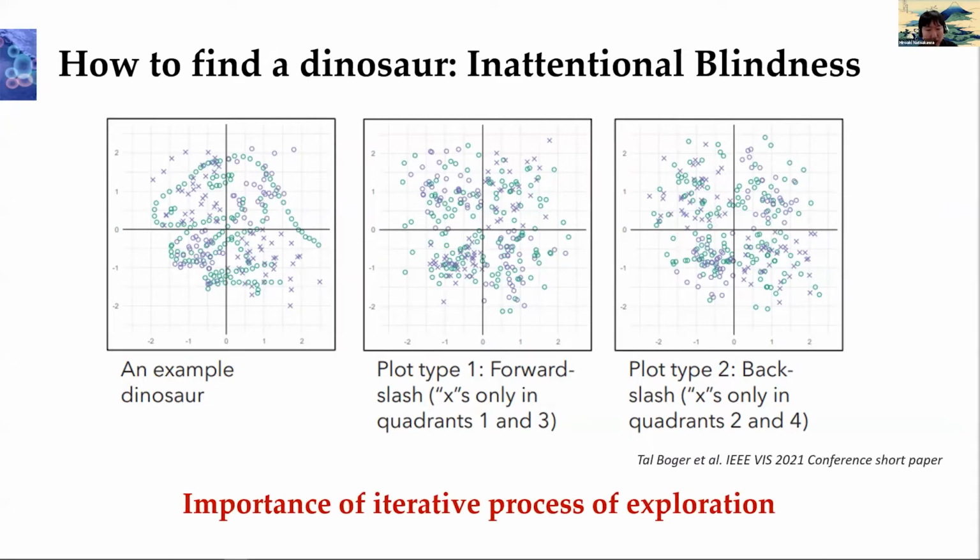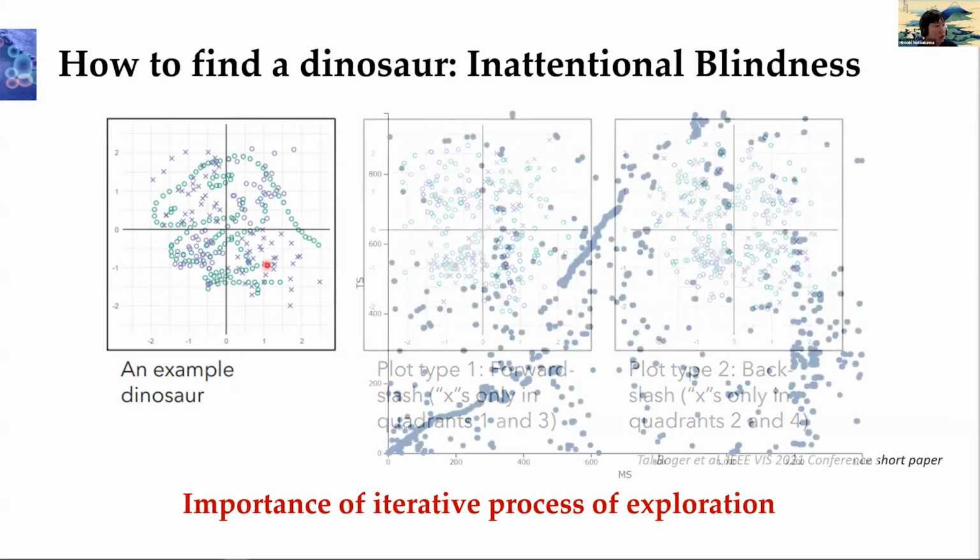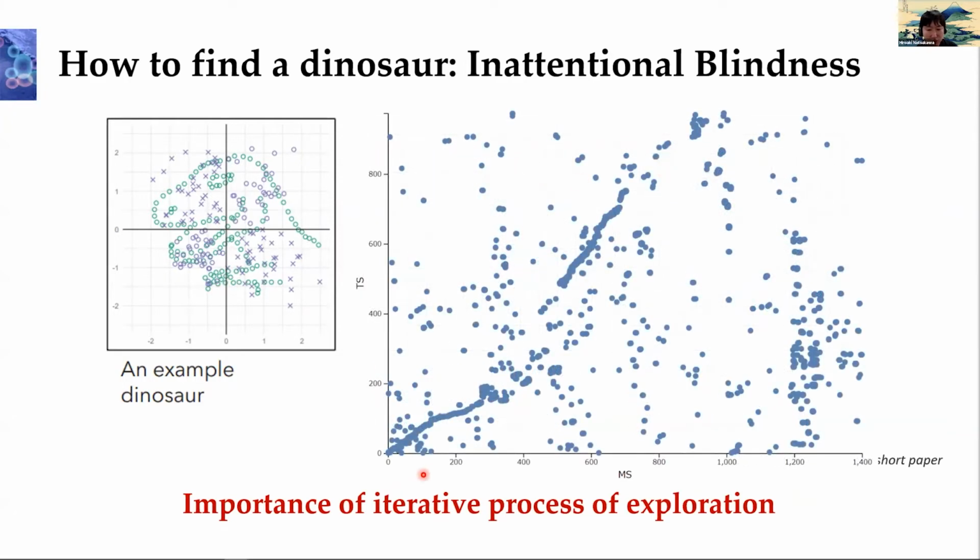Additionally, in a real-world setting, we don't know in advance what the dinosaur is. I mean, the dinosaur for the researcher could be those diagonal patterns, or it could be the aggregated patterns. So an active and iterative process of exploration is important.